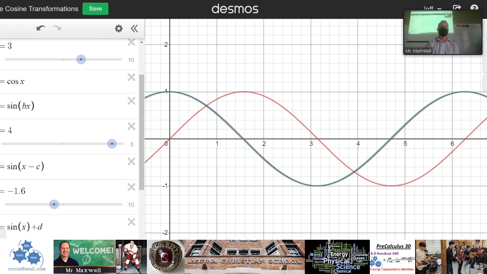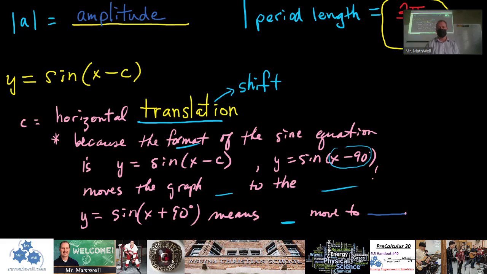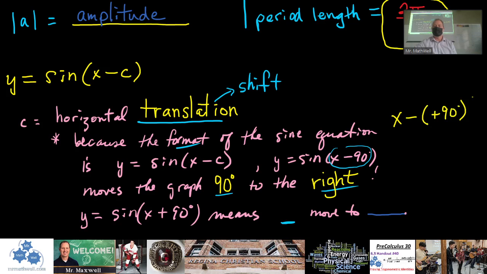Okay. All right, so let's do some summary on the c. Because of the format, the sine equation is y equals sine of x minus c. So if we have sine of x minus 90, that moves the graph 90 degrees to the right. So what this means is it's x minus a positive 90 degrees. Okay? So if you think about c being positive 90, it moves it 90 to the right.